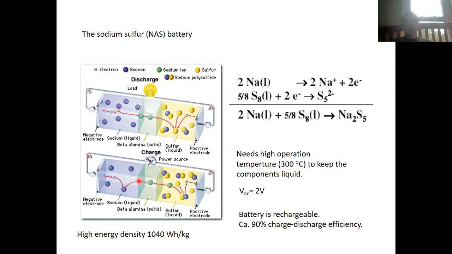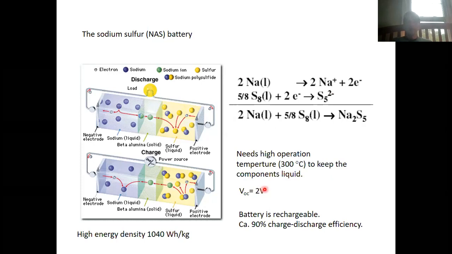The advantage of that kind of battery is that it has a quite high energy density of 1040 watt-hours per kilogram, just because it can store so many charges in liquid sodium and liquid sulfur, and it has also a relatively high open circuit voltage of 2 volts.